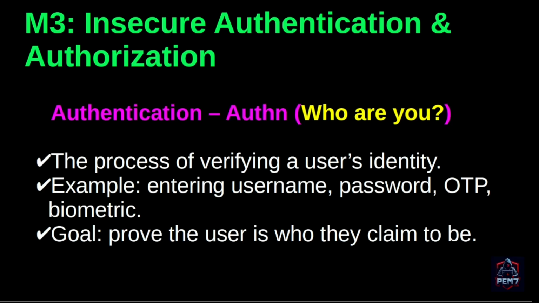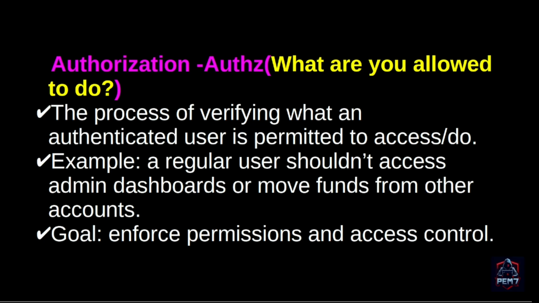Authentication is about proving who you are. For example, entering your username, password, or using biometrics like Face ID. Authorization, on the other hand, is about what you are allowed to do after you've been authenticated. For example, whether you can view your balance or transfer money in a mobile banking application.